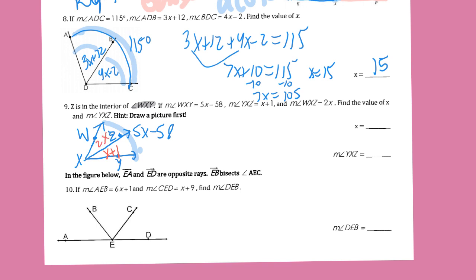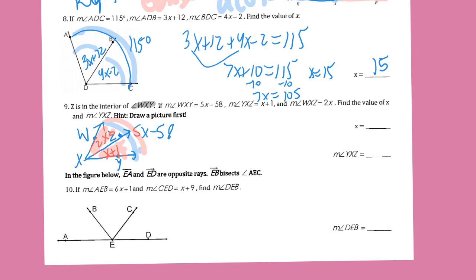The question is, are they congruent? No, because it's not bisected. So we think, what else do we know? We know the sum of the parts equals the whole. If you add these two angles below together, you're going to get the entire angle. So you've got 2x and x plus 1. If you add this part plus this part, you're going to get the overall piece right here.